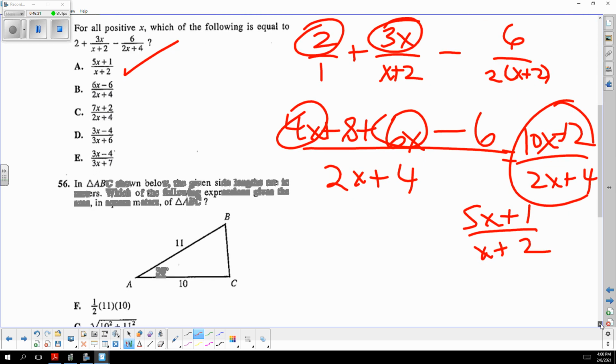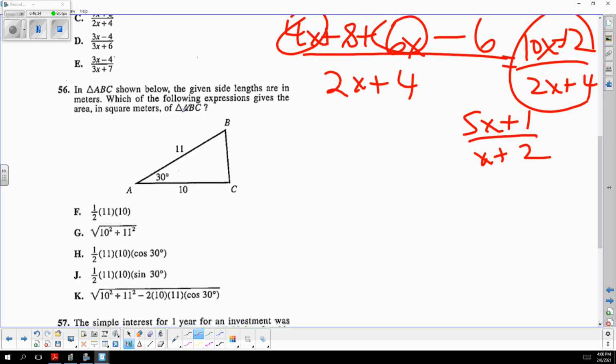56 is way tricky. It's looking for the area, and you have to drop the altitude, which it almost looks like is BC, and the A is here. Now the area is 1/2 the altitude times the base, which is 10. Now who is this altitude? It's SOHCAHTOA.